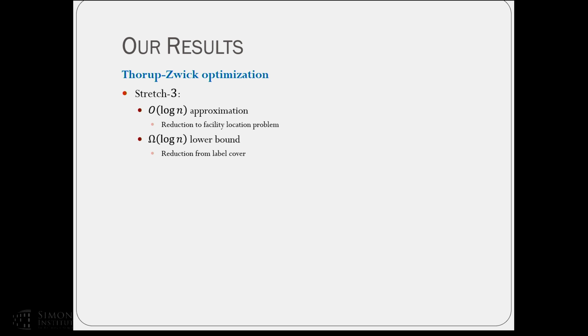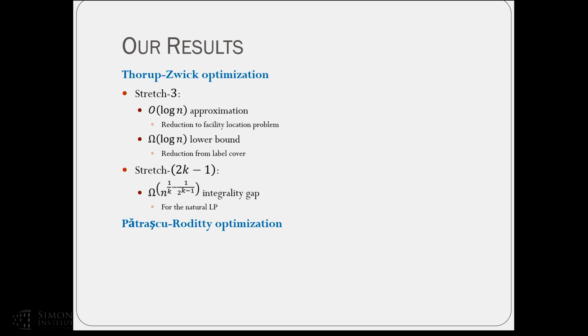Actually, the upper bound can also be given by LP relaxation and randomized rounding. So we tried to extend it to a higher level case, which is stretch 2k-1. But we then found that there is a large integrality gap for the natural LP, so we can't do that. The instance is very simple, but the analysis is quite involved.